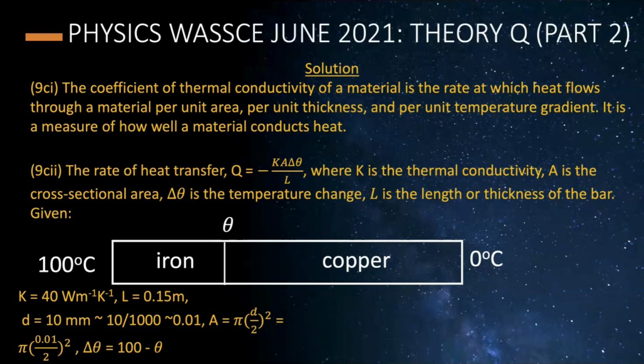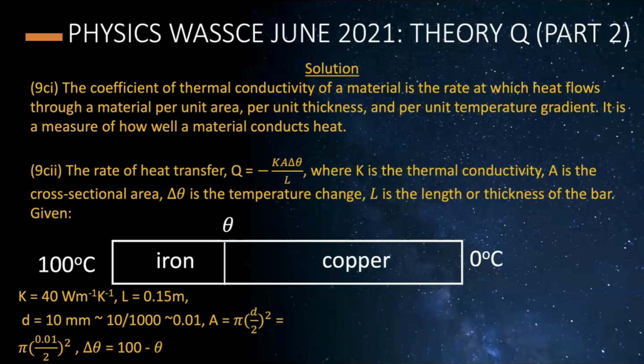So I have put down this diagram to reflect that. And then the one end for the copper is 0 degrees and the other end for iron is 100 degrees. So I've also indicated that just for clarity. So for the side of the iron, I'm listing out the parameters for iron, also for clarity's sake.